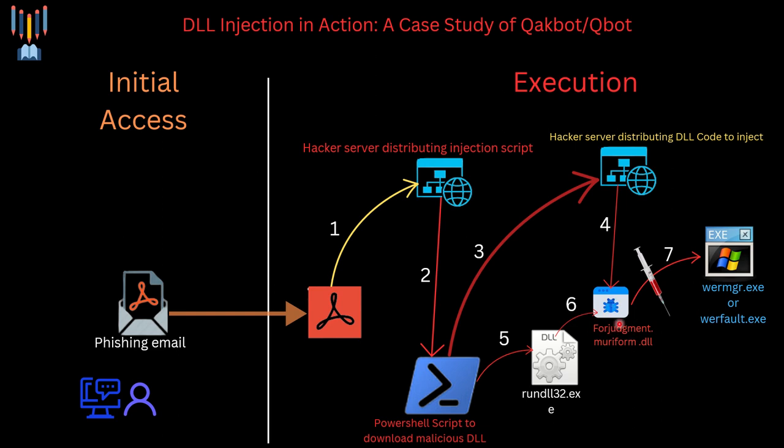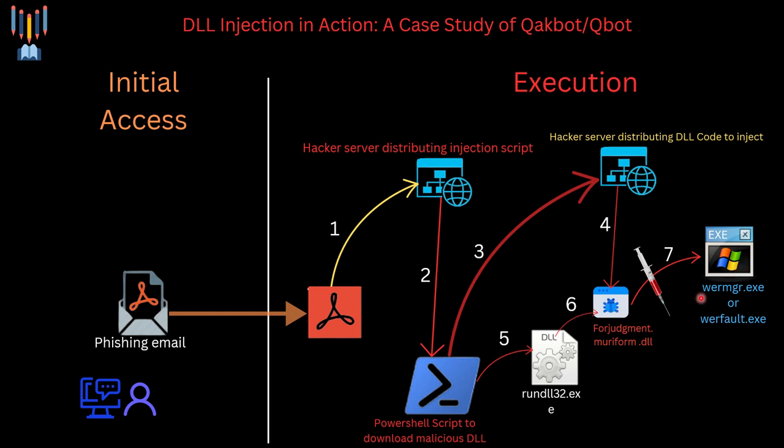Once this DLL file is downloaded, the PowerShell script uses the start commandlet to start rundll32.exe, which is a Windows host process, which calls the functions of this DLL, and then the injection happens.